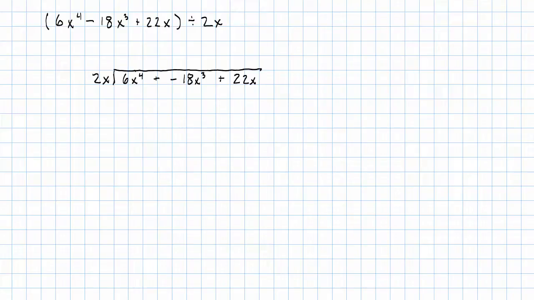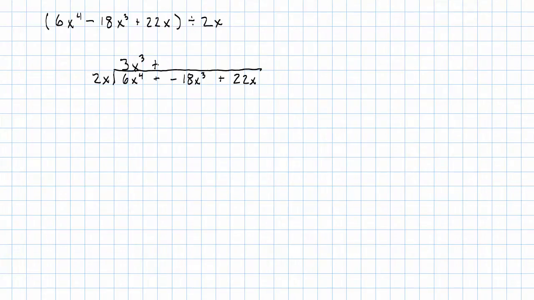But now I just need to divide term by term. I need to divide 2x into 6x to the fourth. 6 divided by 2 is 3. X to the fourth divided by x is x to the third.